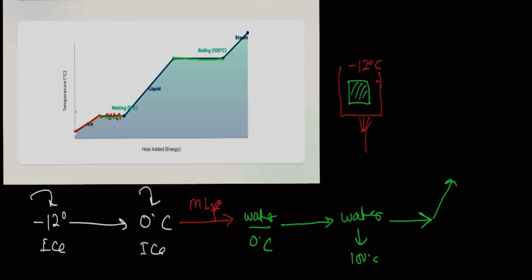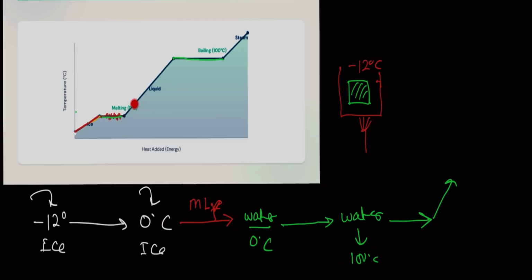So in this graph, from this point to this point, ice is changing from minus 12 to 0, still remaining ice. At this point ice will melt, still remaining at 0 degrees Celsius, but the ice will melt and the temperature remains constant.